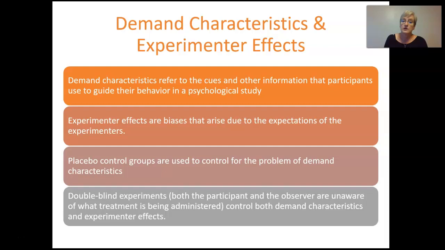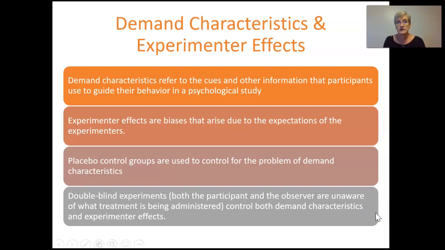And then in order to control experimenter effects, you can use experimenters who are in fact blind to the hypotheses that are behind the study. And this is important in lots of different kinds of research where you obviously want the participants to not know what the hypotheses are, but then you also may want the observer to be blind.